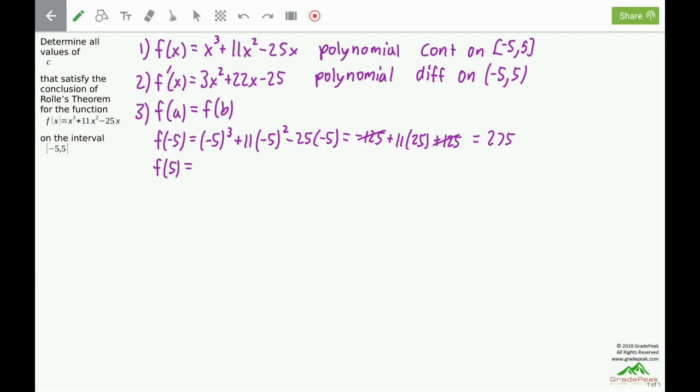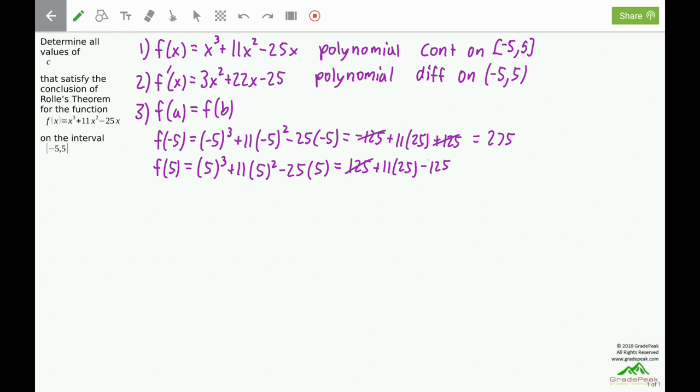F of 5 will be 5 cubed plus 11 times 5 squared minus 25 times 5. 5 cubed is 125, plus 11 times 5 squared is 25, and the negative 25 times 5 is a negative 125.